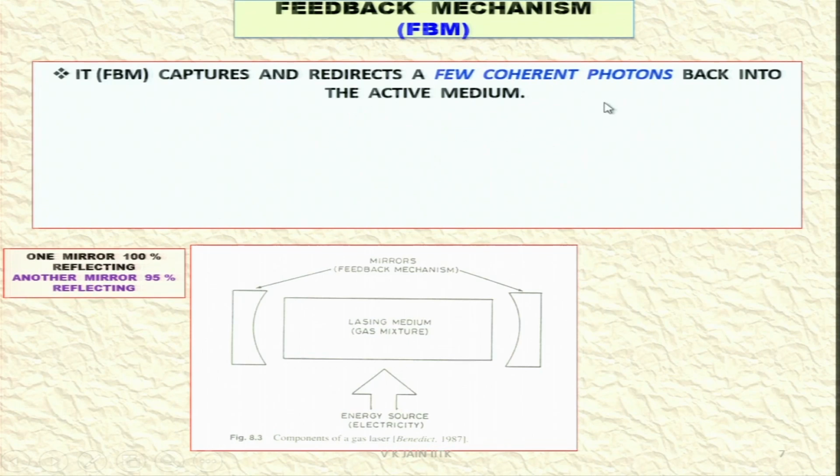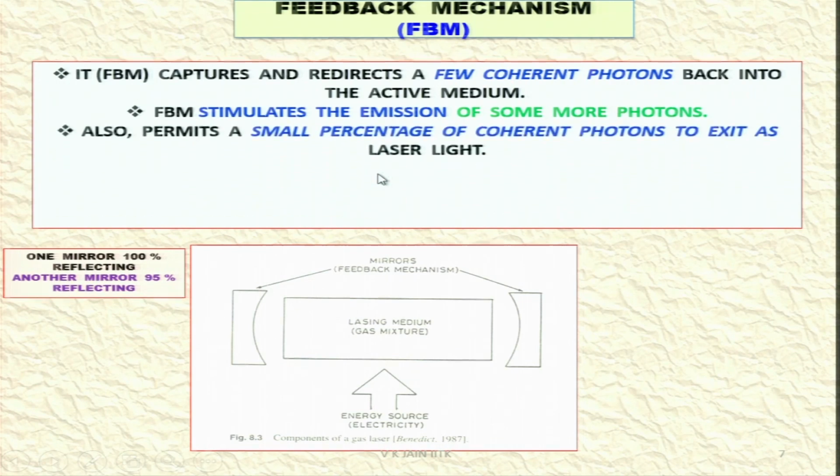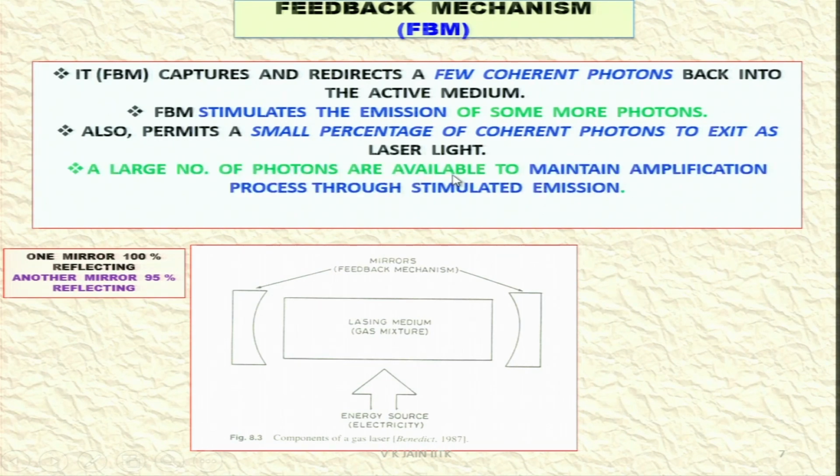The feedback mechanism captures and redirects a few coherent photons. We have seen how photons are released back into the active medium. This is the active medium over here. The feedback mechanism stimulates the emission of some more photons. Also, it permits a small percentage of coherent photons to exit as laser light. As I mentioned here, the 95% mirror exits the coherent photons, forming the laser light.